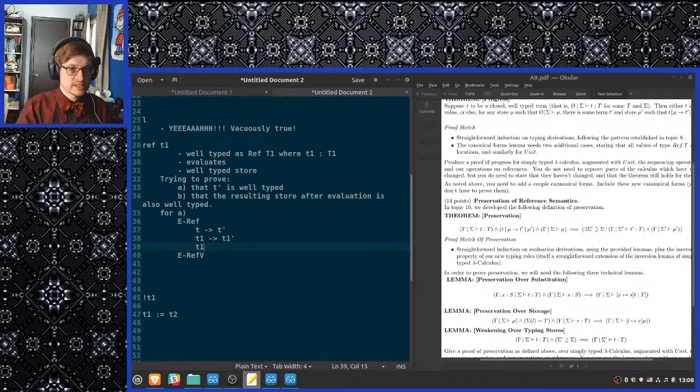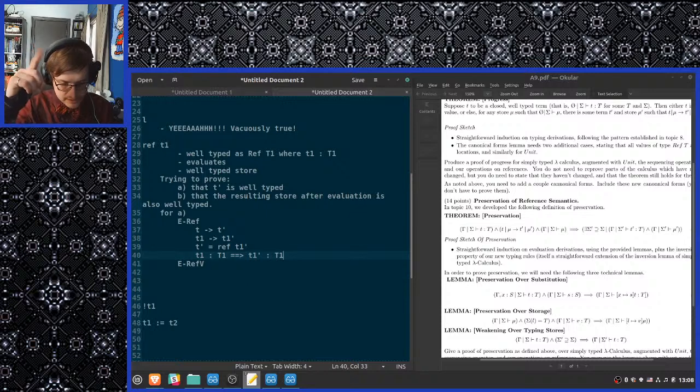So we then know that t prime is equal to ref t1 prime. We also know that if t1 has type T1, then t1 prime has type T1 as well, because of the induction hypothesis. That's where you bring in the induction hypothesis.